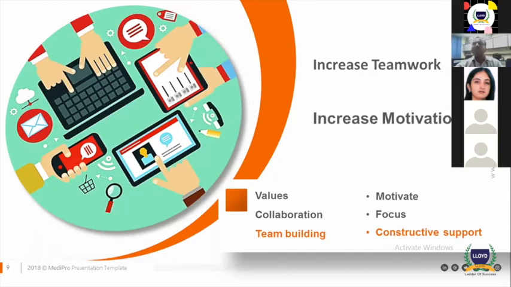So friends, the last objective of practical classes is to inculcate teamwork amongst the students, create the values of ethics, enable the students to collaborate with each other, teach them team building, motivate them, ask them to focus on the study material, and so on. And then students must provide constructive support to each other through the practical classes.